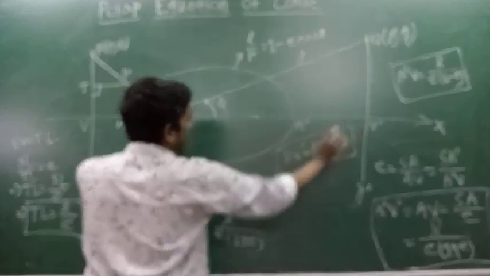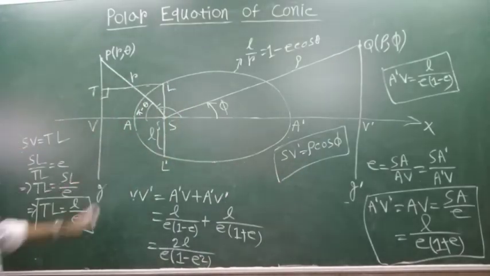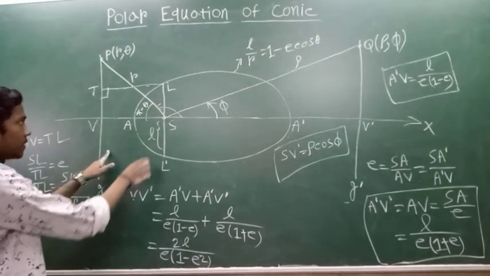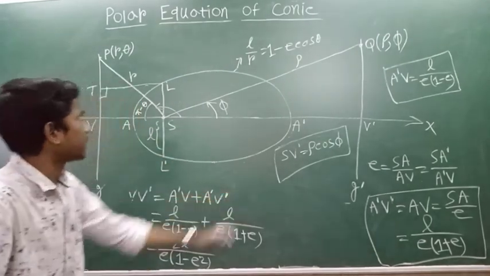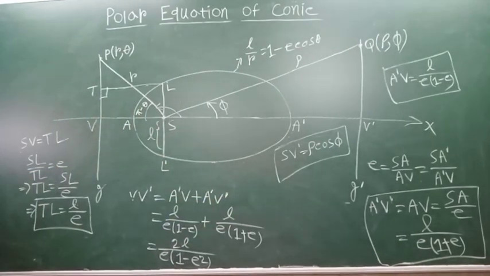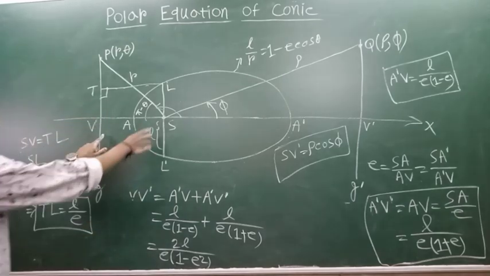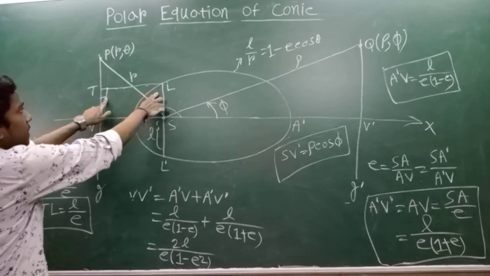But we have to find S V dash. So now we can subtract S V from V dash and we will get our required S V dash. So SB is this length and this length is nothing but LB.